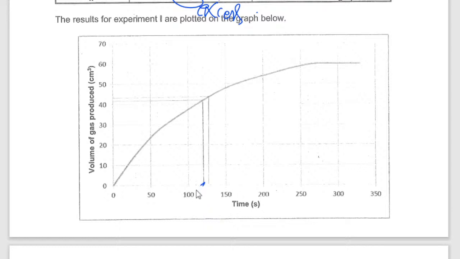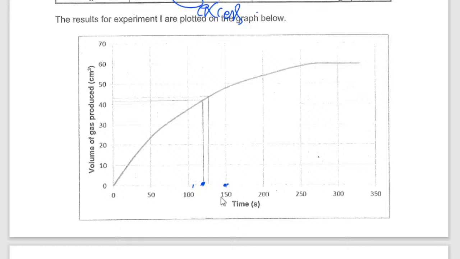Let me look at the original paper. I hope you have the paper there with you. If you look at this, each small box was 10. So 120 is the first box, second box is there, and then 2.5 minutes, so you have to add: 120, 130, 140, 150.